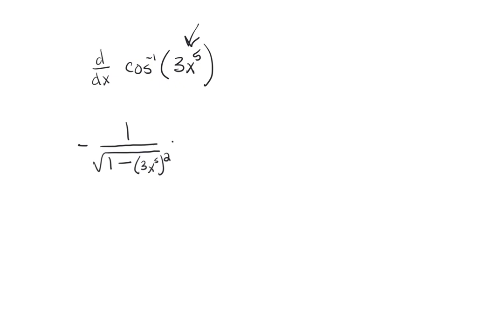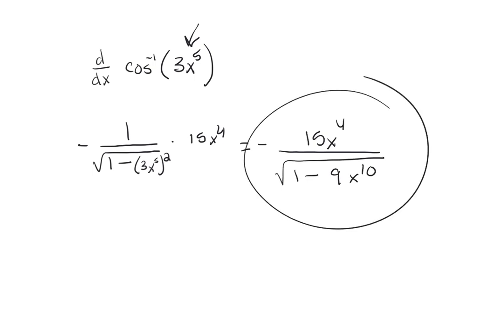And then chain rule times the inside, which would be 15x to the 4th. So let's simplify this a little. Negative 15x to the 4th over the square root of 1 minus 9x to the 10th. And that's the final answer.